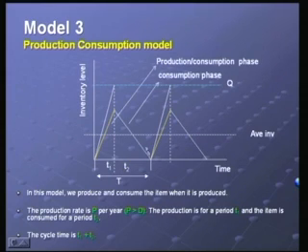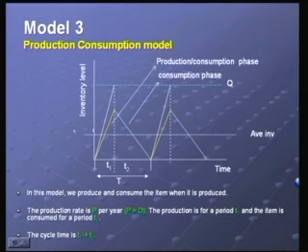Now, once the stock position becomes 0, then we start producing the item under consideration, and then we both produce as well as consume. So, the inventory is rising at the rate of P minus D here, once again it is consumed and so on. Now, what is shown here is the rate at which it is produced. This is the production rate P.